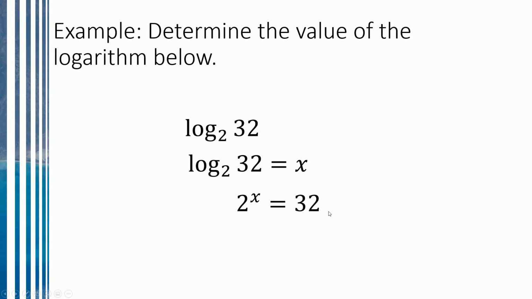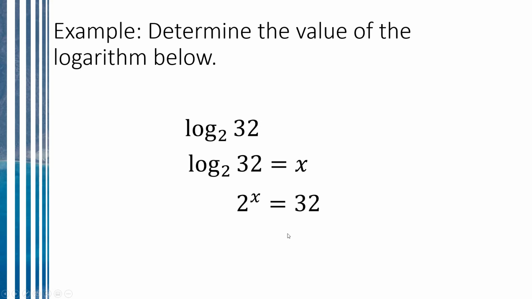Now, from the concept of exponential equation, we are going to make the two numbers with the same base. So what would be the number that you have to multiply by itself certain times so that the answer would be 32?